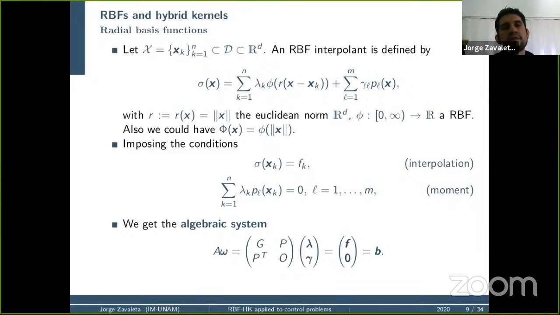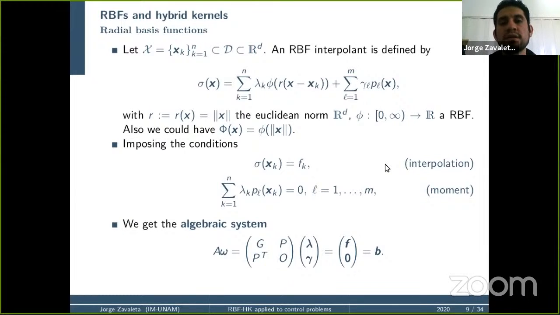To give the idea of RBFs, I need to start at the beginning of these methods. I'm going to consider a scattered set of data, which is pairwise distinct, and an RBF interpolant is defined as the composition of a function phi with the Euclidean norm, centered at the set X. It is also common to include a polynomial.